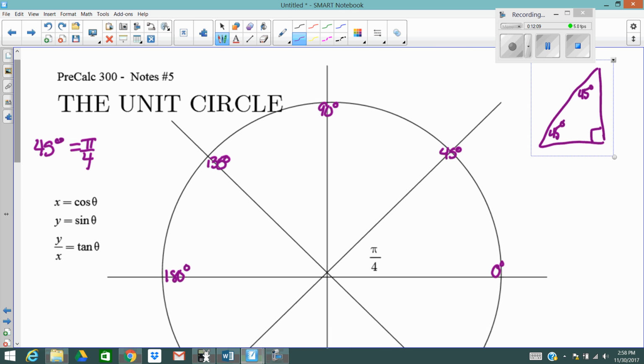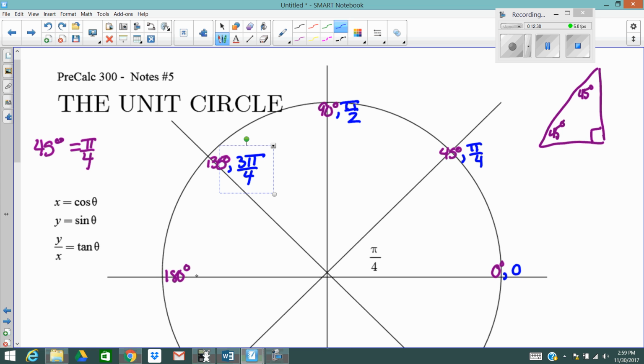Now let's go ahead and fill all of those in with our corresponding radian measures. I'm going to use blue for that. So 0 degrees is 0 radians. 45 degrees is pi over 4 radians. Plus pi over 4 is pi over 2. Plus pi over 4 is 3 pi over 4.